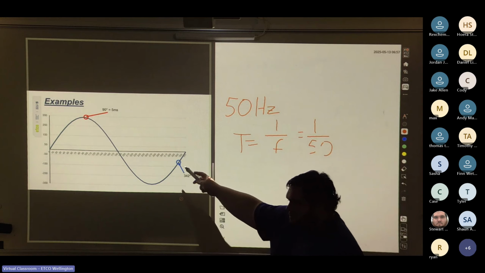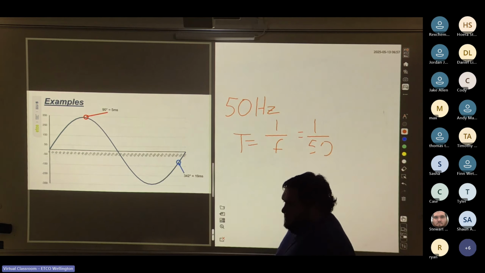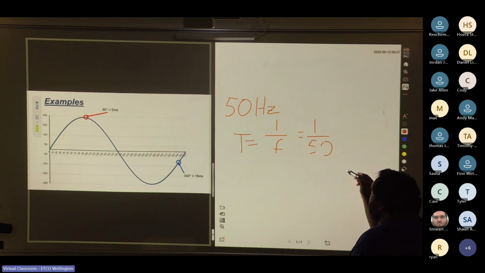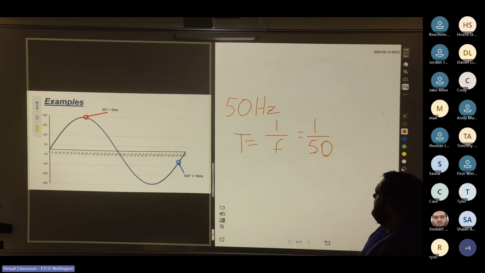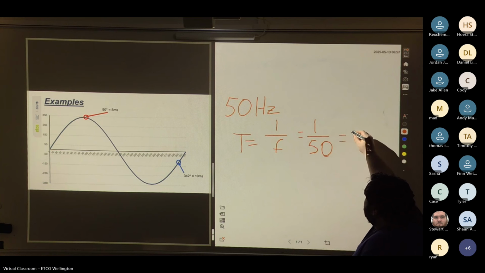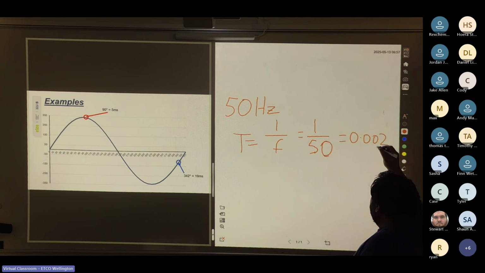So one full cycle like this. Okay, it erased it somehow. Cool. So we know that that will give us 0.2. Sorry, one too many zeros. 0.02, which is equivalent to 20 milliseconds.